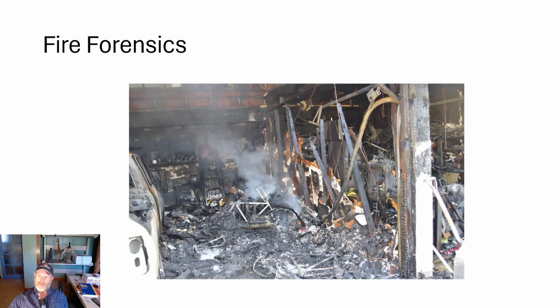Another part of this analysis, if you look at this 2x4 here and analyze the char compared to other locations, the char actually ran the whole way down, and on the back side of this particular 2x4, you had much less charring than the front side. Similarly, back here, you had much less char down low than you did up high, but once again, down low, you did have char here.